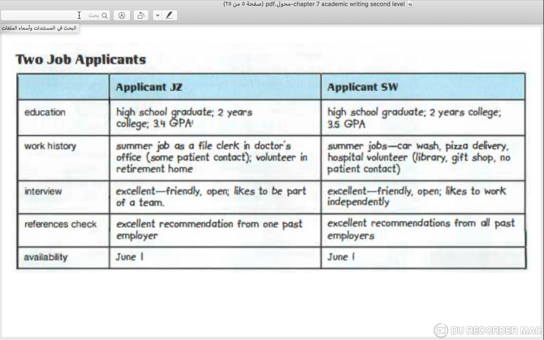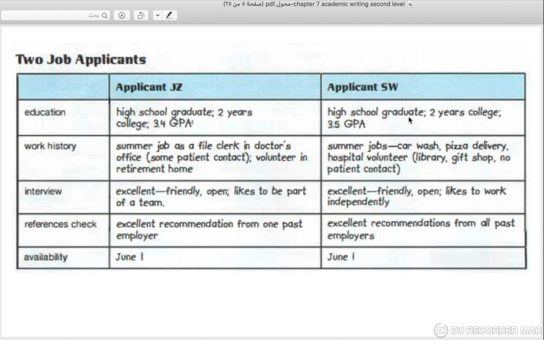Education: high school graduate, 2 years college, 3.4 GPA. GPA هو المعدل التراكمي. applicant الاسم الأول هي ادعت انه GZ. applicant والمتقدم للطلب الثاني هو SW.